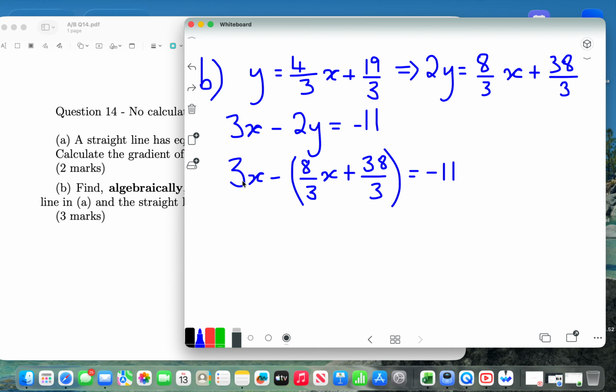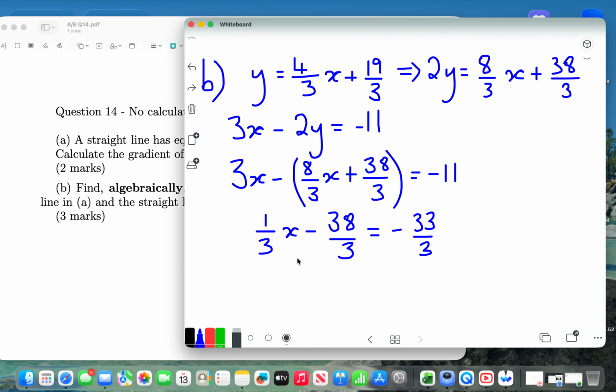Well, 3 is 9/3 minus 8/3 is just 1/3 x. Then we have to watch the signs, and we take away this plus 38 over 3. So it's a minus 38 over 3. And we're going to write this as minus 33 over 3.